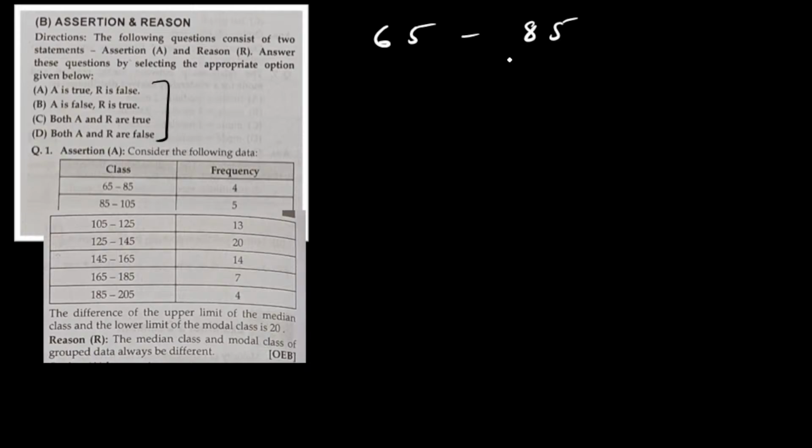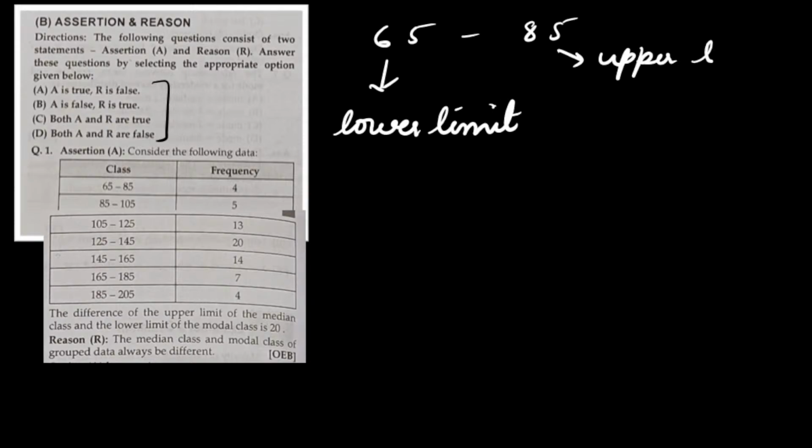In a class interval, the first one is known as the lower limit and the next one is known as the upper limit. Here we have to find the difference between the upper limit of the median class and the lower limit of the modal class.